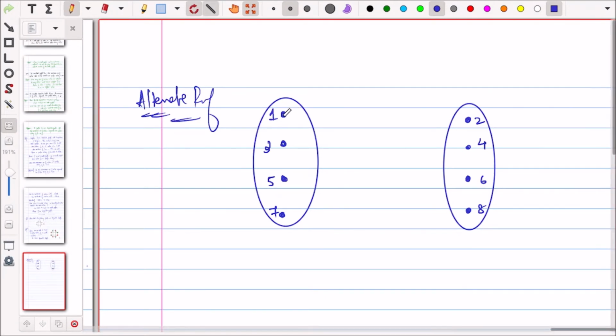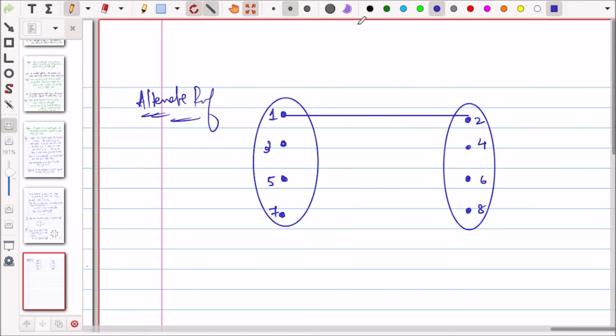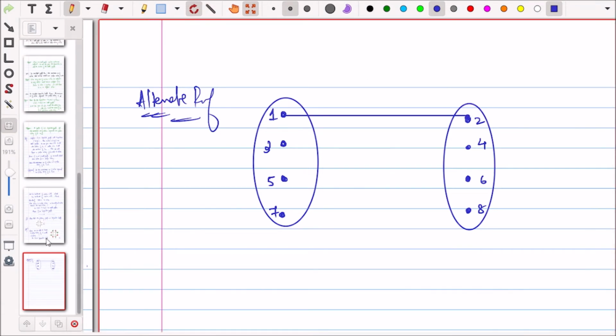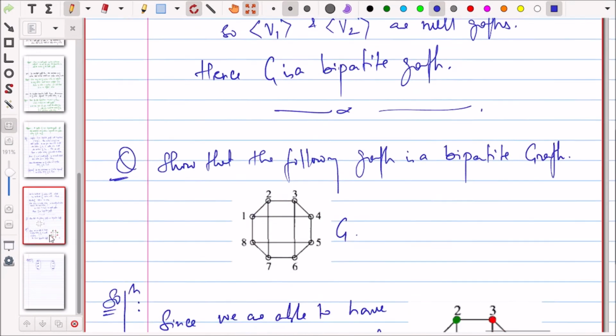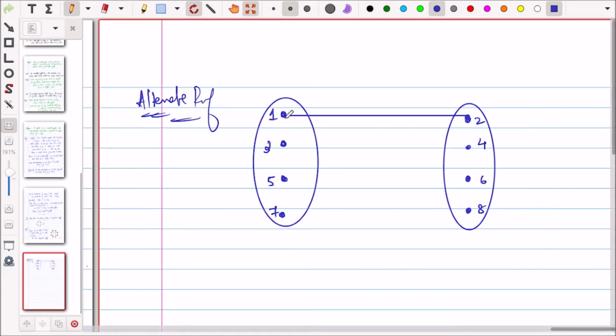So 1 is adjacent to 2, ये दिया हुआ है हमें. And then next क्या दिया हुआ है? 1 is adjacent to 2, then 1 is adjacent to 4 also, and 1 is adjacent to 8 also. ठीक है?